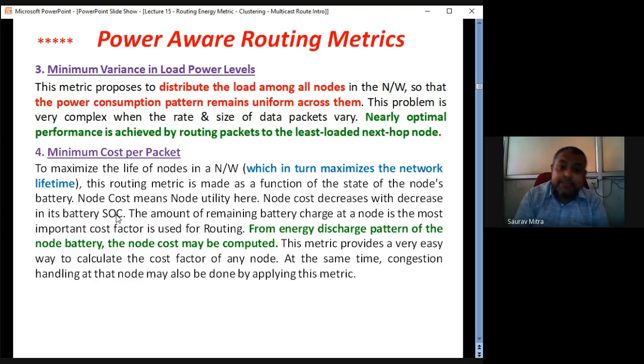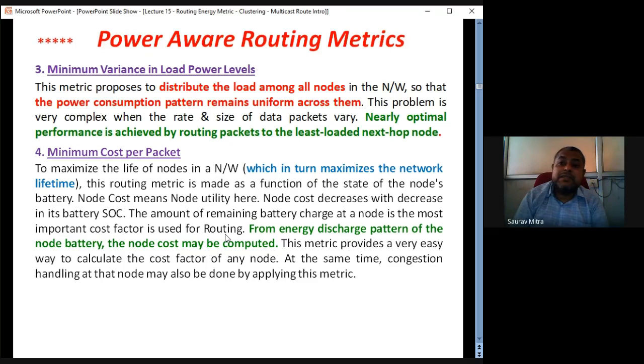The less battery remaining in the node, the less its utility, because if energy is low in that node, no routing path will select that node. None of the planning will happen with that node in mind. Everybody would try to avoid a node that has less power. So the amount of remaining battery charge at a node is the most important cost factor used for routing.